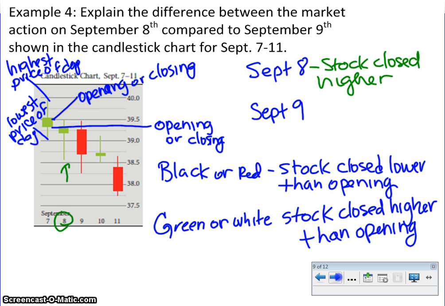And the 9th is in red, so we know the stock closed lower than it opened at for the price of that day.